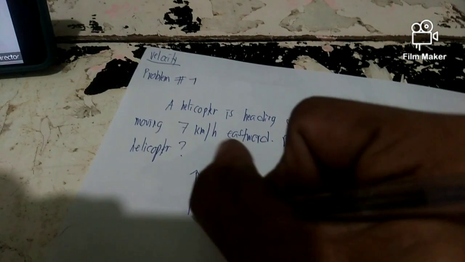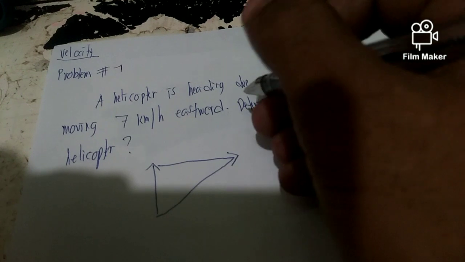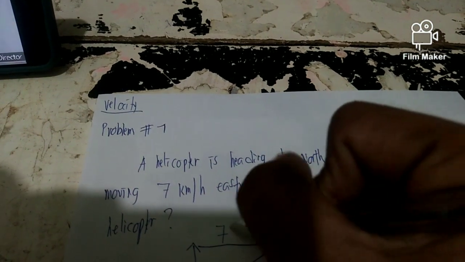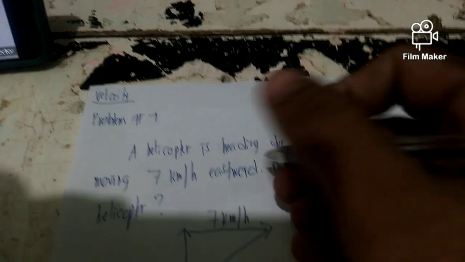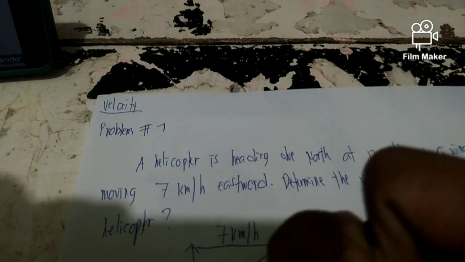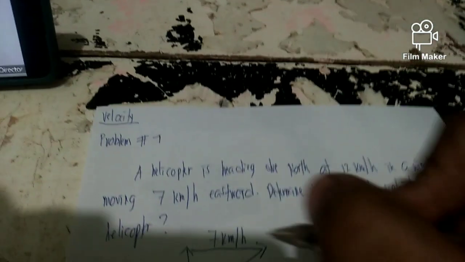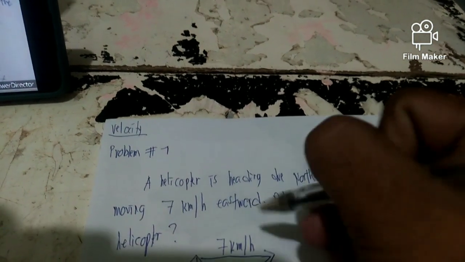So this one is 7 kilometers per hour, and this is 12 kilometers per hour. So this is our B, then this is our A.